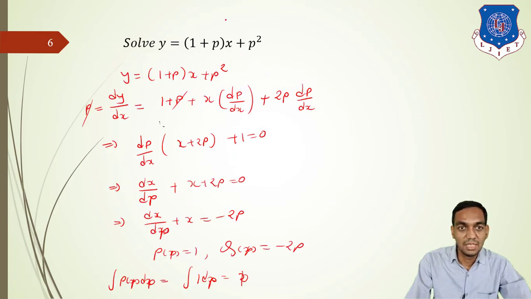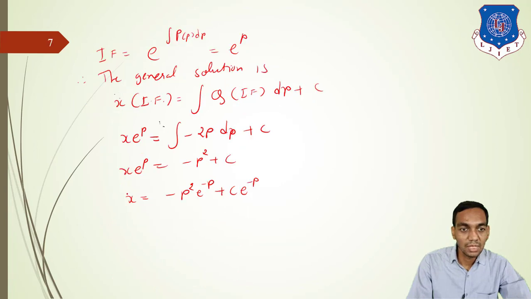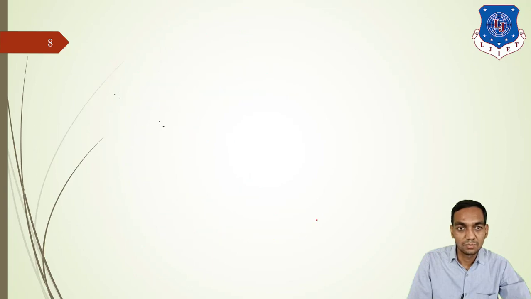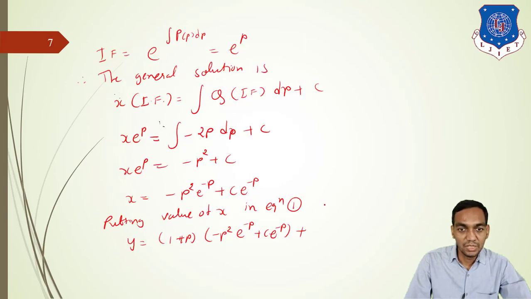Now put that value here in equation 1. So putting the value of x in equation 1, you will have y is equal to 1 plus p into minus p square e raised to minus p plus c e raised to minus p, plus p square.